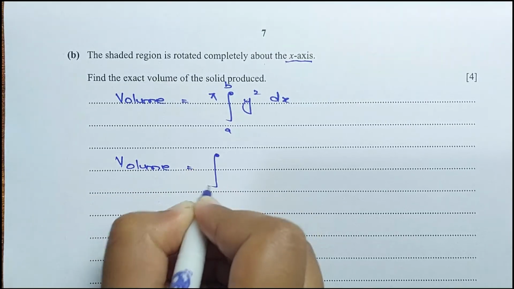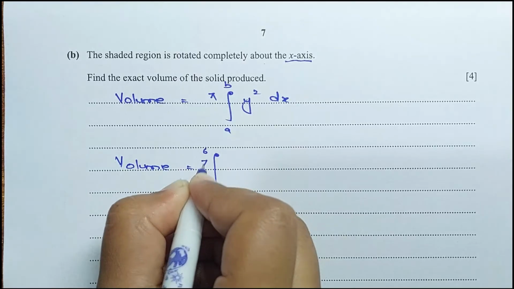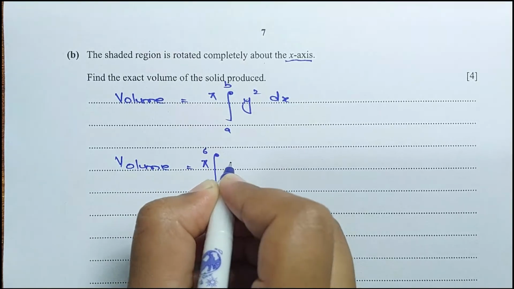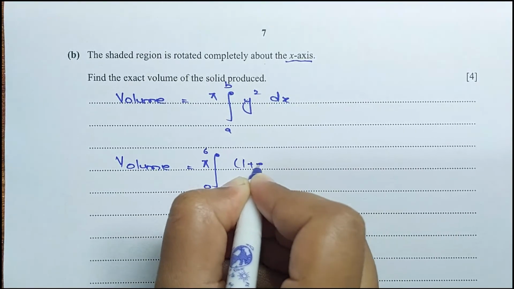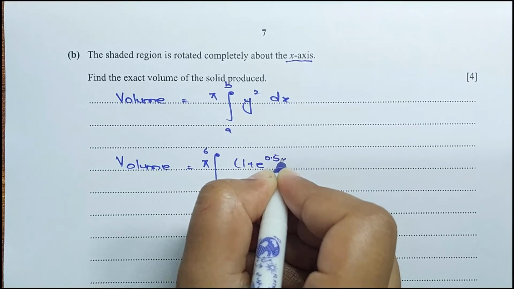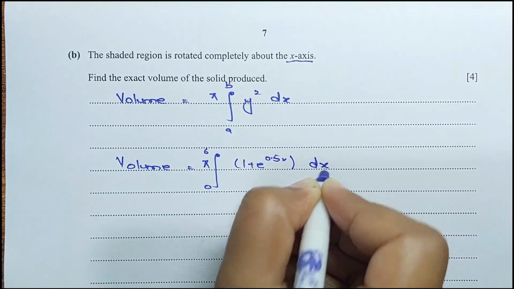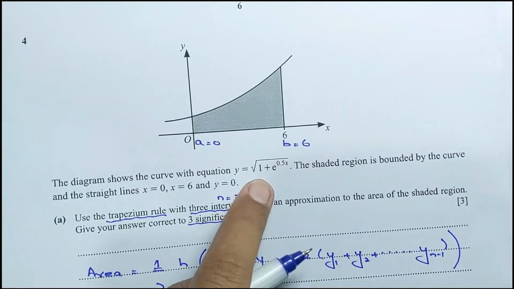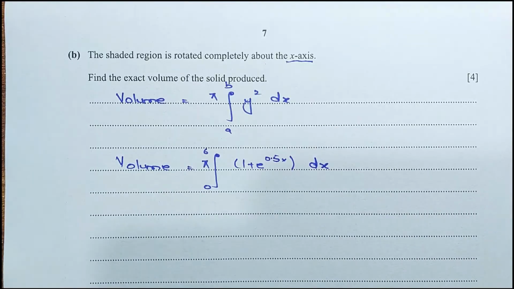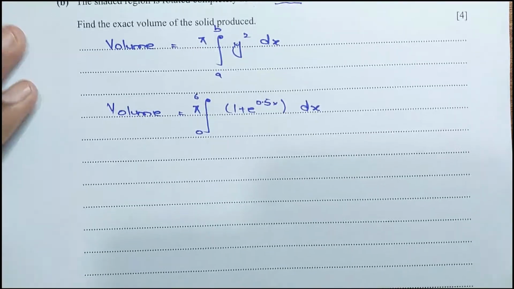So the volume, what are a and b? A and b are 0 to 6. We have pi outside, and y square is 1 plus e power 0.5x dx, because it is a square root, and when we take the square it cancels out, right? Let me integrate this.